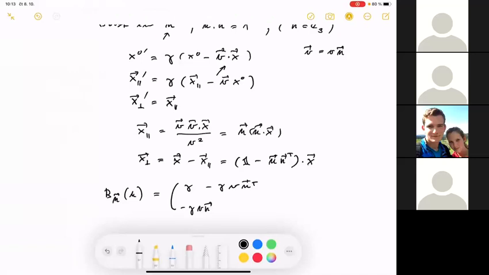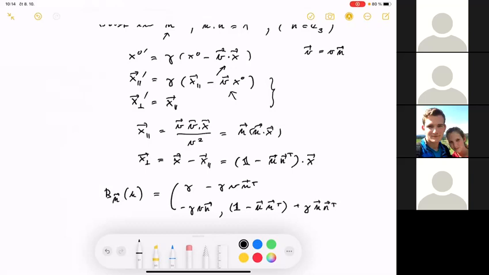It comes from this, and here we should take into account these two transformations. The orthogonal part is not changed, so the projection of x to the directions which are orthogonal to the direction of the boost is unchanged, and the parallel part is contracted with this gamma, so plus gamma times the projection to the parallel direction.